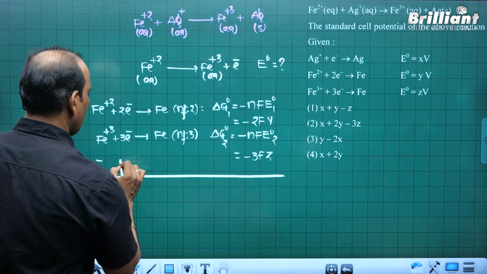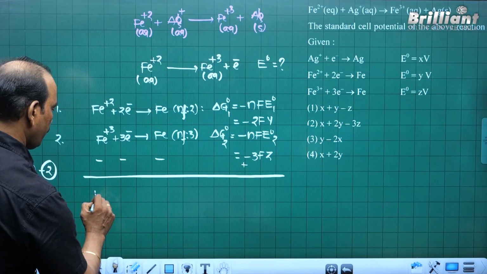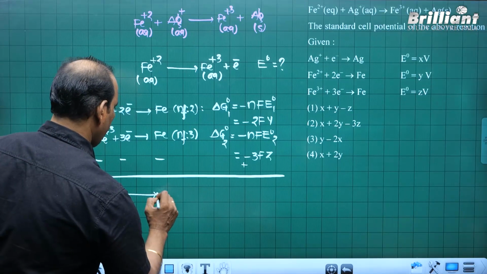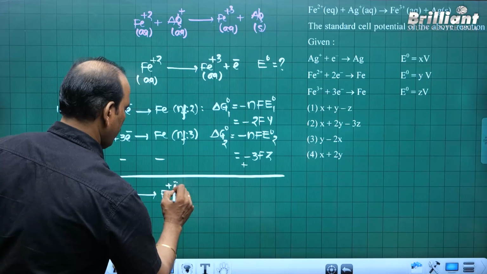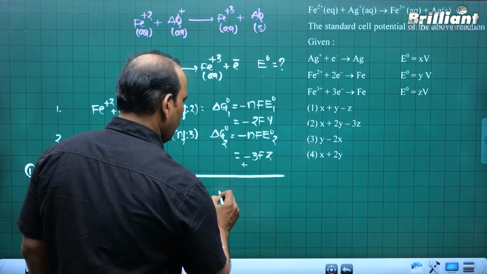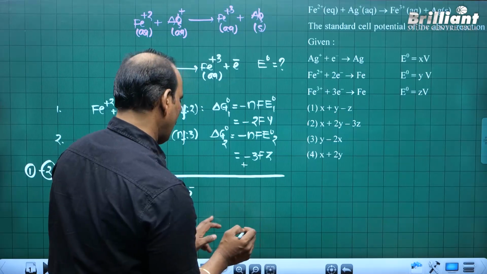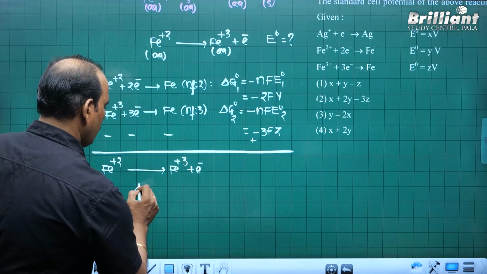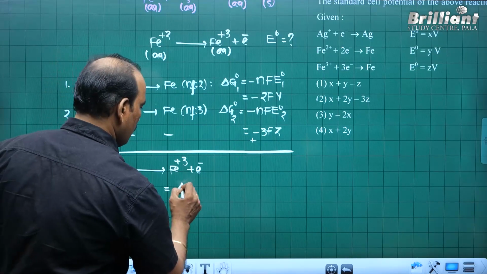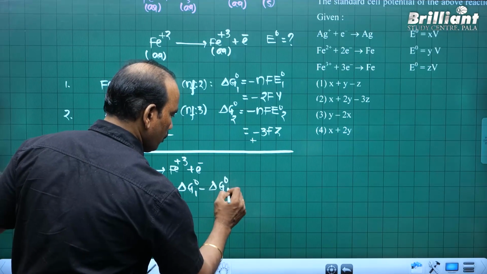Therefore, here minus, this is a plus. Okay. Therefore, Fe2+ gives rise to Fe3+, this cancels, plus electron. What is the delta G0 value? We want this value. Here I am taking this as delta G0 3 equal to delta G0 1 minus delta G0 2.